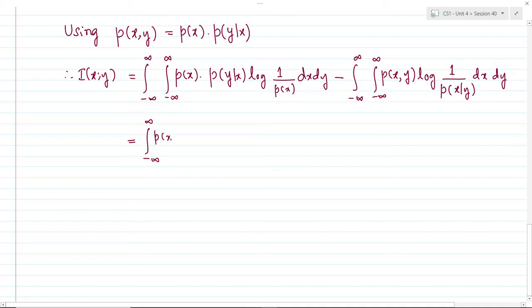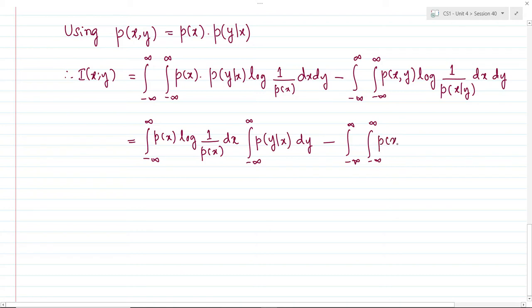So probability of x times log of 1 over px dx can be pulled out, and the other integral, the conditional probability density function p of y given x, will be left over, and I can write it as dy, minus, let me retain this function, probability of xy log 1 over probability of x given y dx dy.